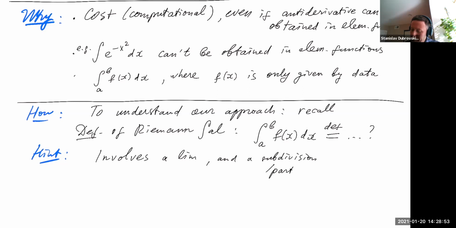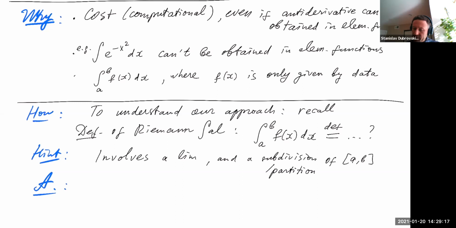We'll use it loosely. Sometimes subdivision refers to a small part of this partition of the interval AB. Okay, can you recall it? Pause the video and try to remember it yourself. Quizzing is a very important part of learning. Hopefully, if you came back with something, let's talk about the answer. If there's a question, there must be an answer.